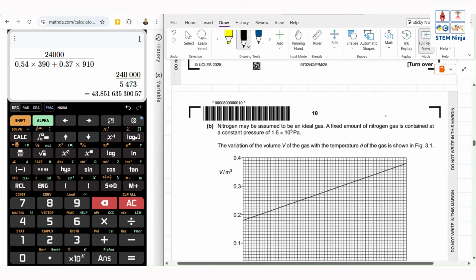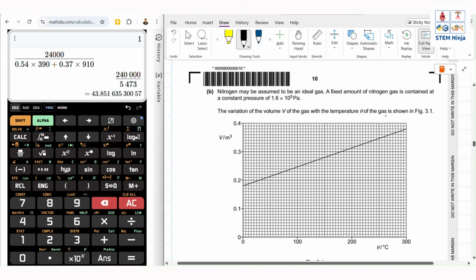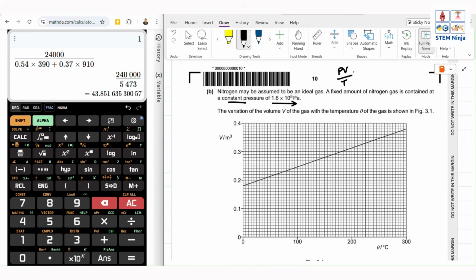Nitrogen may be assumed to be an ideal gas. A fixed amount of nitrogen gas is contained at a constant pressure. One thing you need to remember: if it is an ideal gas, it obeys the PV over T equals constant rule.